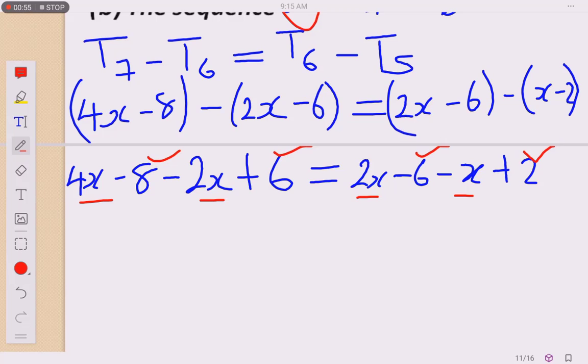At the end of the day, for this side I'll have 2x - 2, and on this other side I've got x - 4.